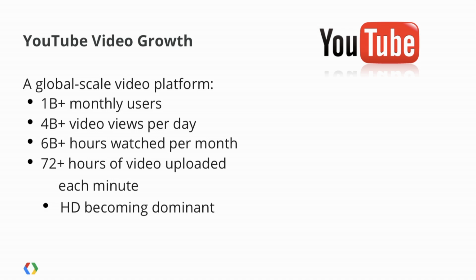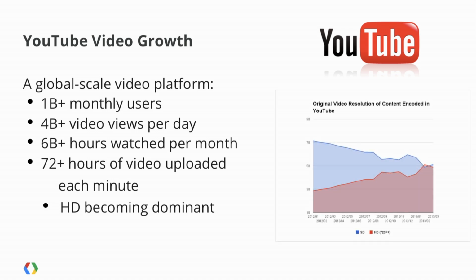72 hours of video is uploaded per minute, and that video is increasingly becoming HD video. So if you look at the graph on the right, blue is 360p standard definition video, which is slowly declining, but quickly being matched by uploads of HD video. And the key here, of great importance, is that HD video is obviously more complex.